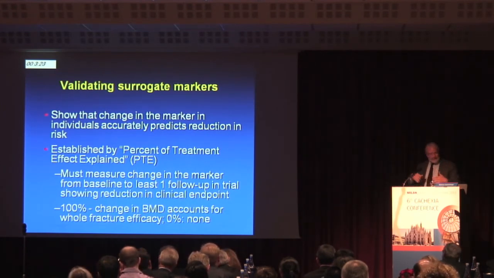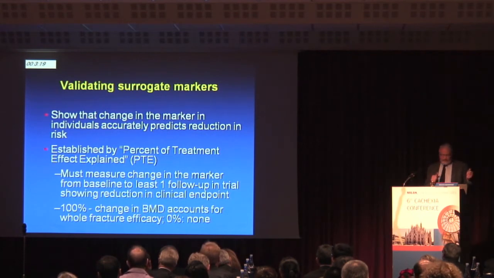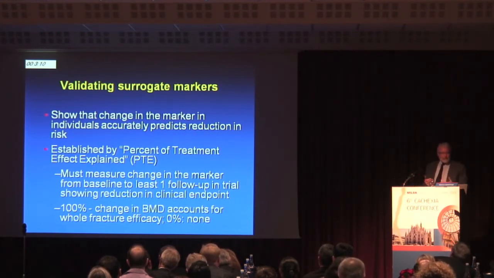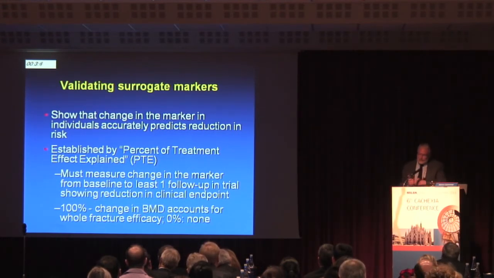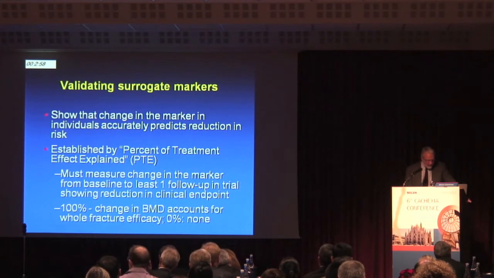We're not going to go into that statistical thing, except that 100% of treatment effects explained means that the change in that marker density accounts for the whole anti-fracture effect. That's a terrific marker. It will be a validated surrogate. It's great, but most of them are in between, and 0% means there is none. The change explains none of the anti-fracture effect.